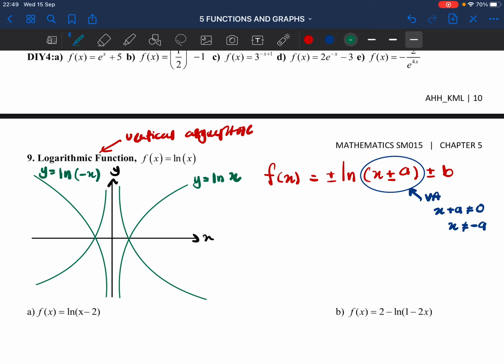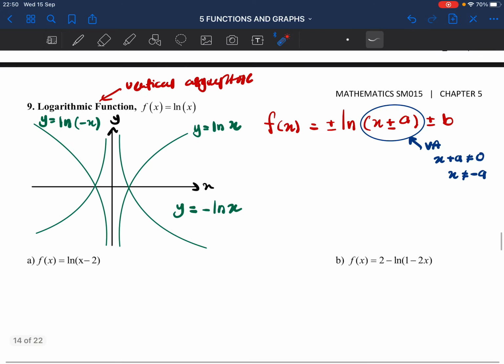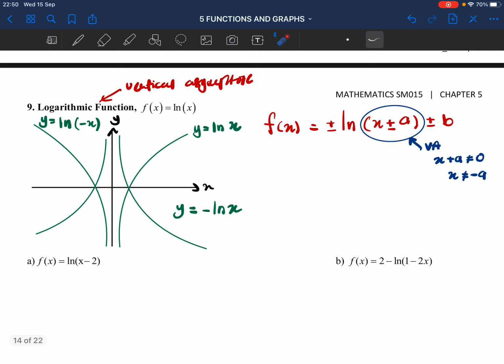Okay, so let's see quadrant 4 dekat sini. Quadrant 4 pergi kepada vertical asymptote kita. Since we have x positive, y negative, kita akan ada y negative kan. So dia akan jadi negative ln, x kita positive, so jadi positive lah. Okay, and the last one, let's see the shape of the last graph kat sini.